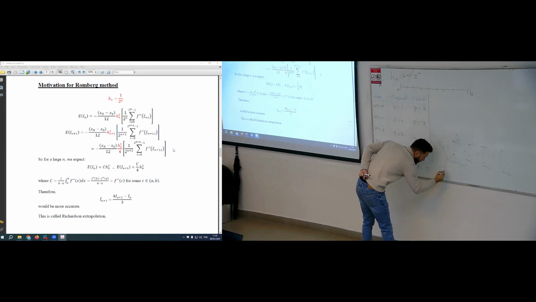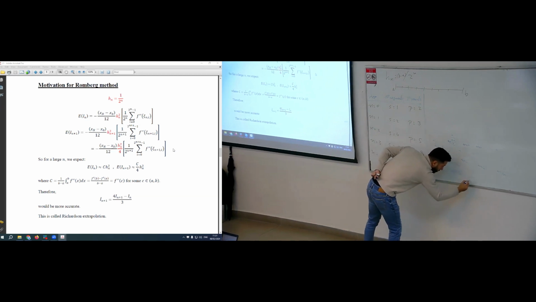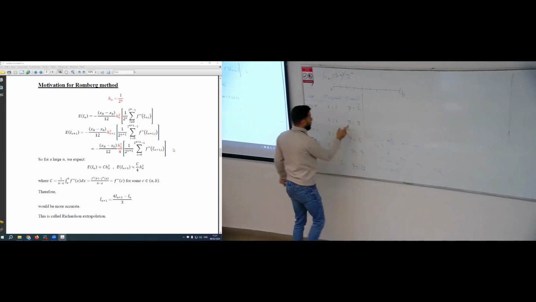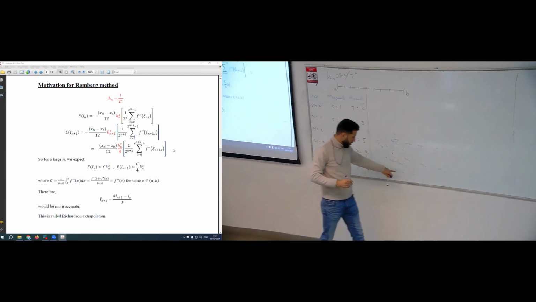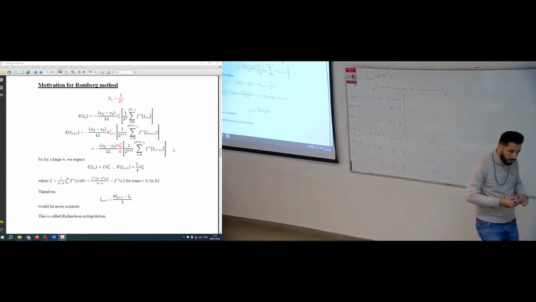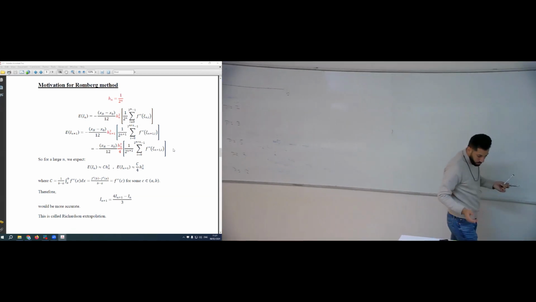So the answer is h over 2 times f of a plus f of b, plus h times the sum at the points 2 and 3. Okay. So that's our formula.